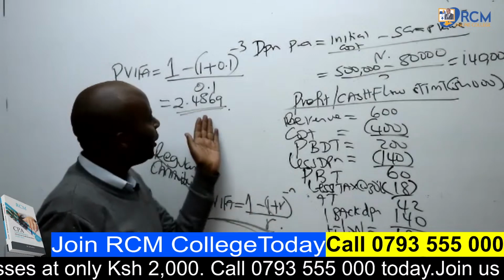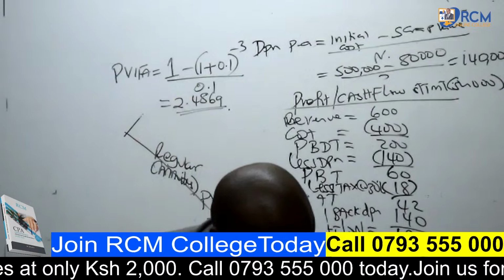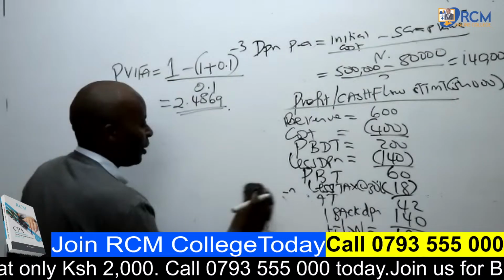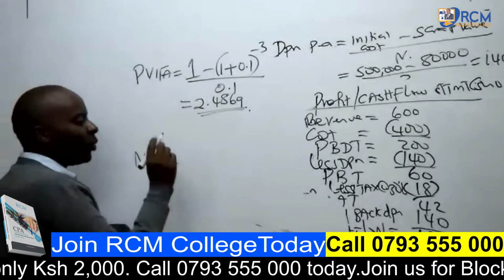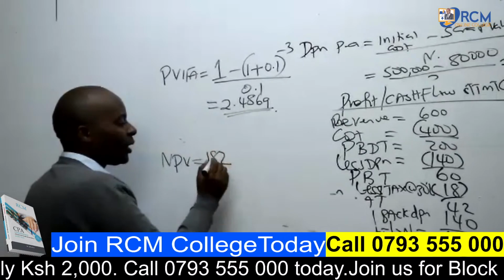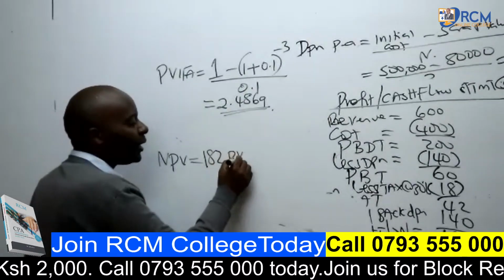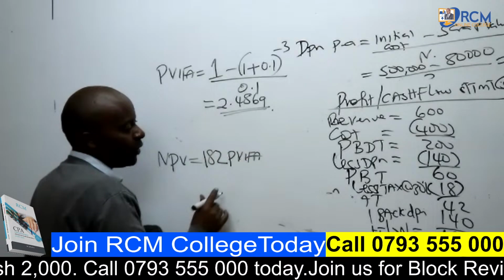Now, having gotten this figure, to get net present value is not a problem at all. To get our NPV, what I need is to take the cash flow coming in, multiplied by the PVIFA, minus the initial outlay.